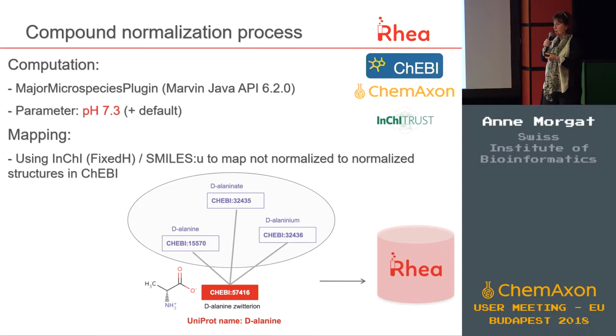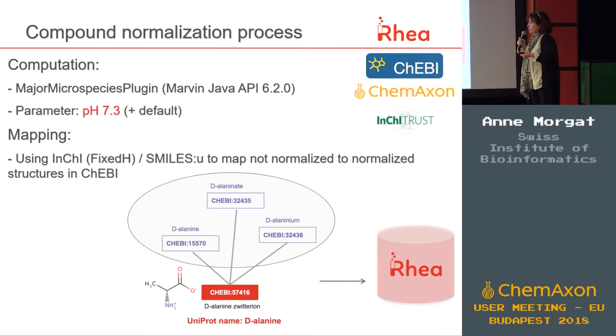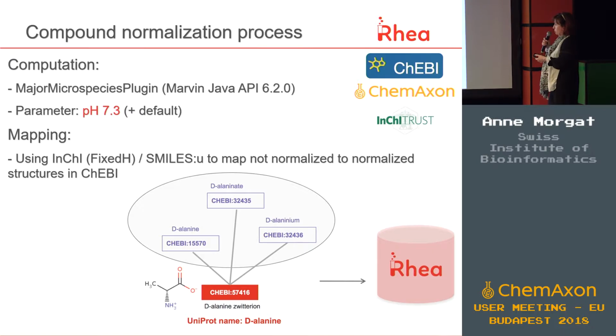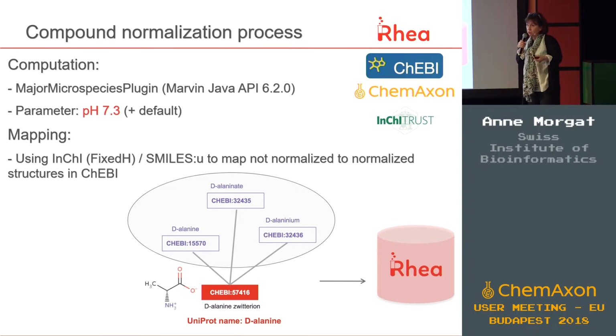Then the second step is to map this normalized structure to the normalized structure in ChEBI. To do this, we use InChI and SMILES to perform this mapping. We use the non-standard InChI program to compute InChI with the fixed H layer that allows us to distinguish the tautomers, and we use the ChemAxon unique SMILES to distinguish the isomers.